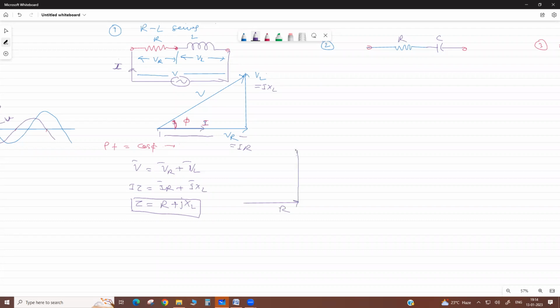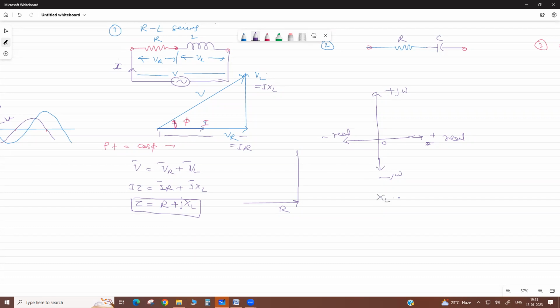Inductive reactance is always positive. If we draw the quadrants, this is the positive real axis, this is the minus real axis. This is plus j omega, this is minus j omega, origin. So capacitive reactance is actually negative.